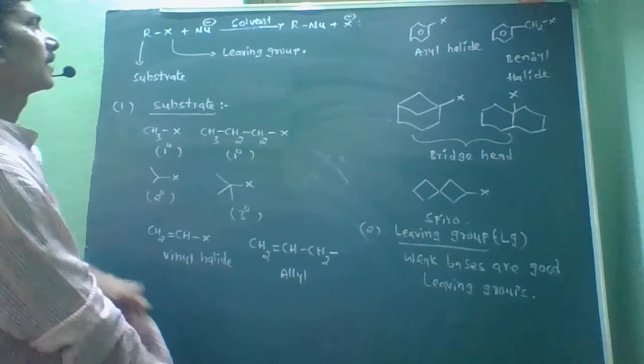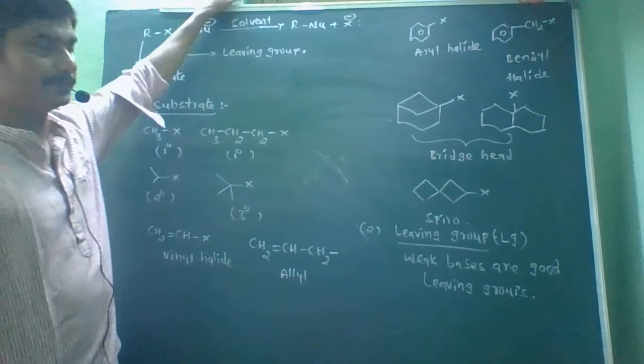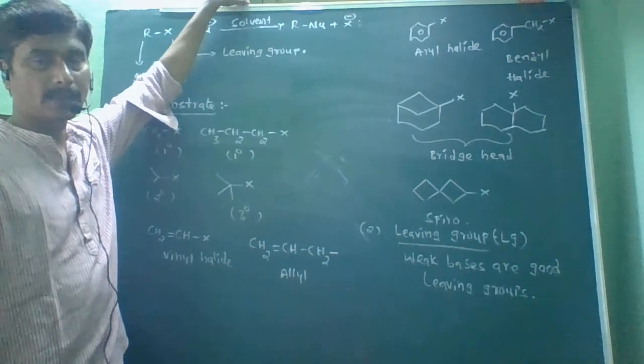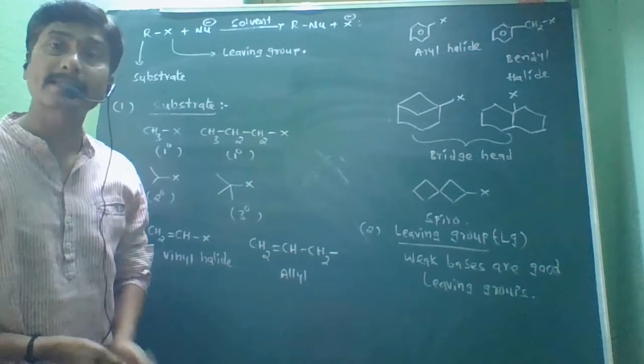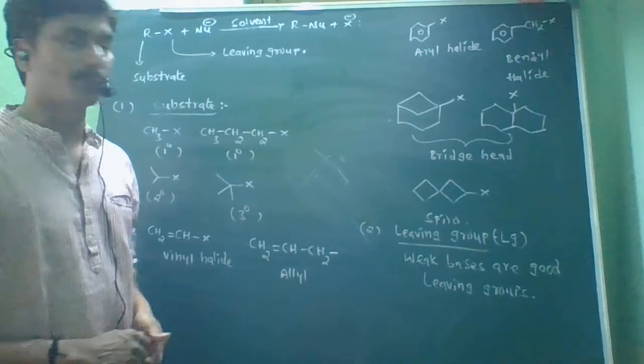So come to these halogen derivatives. All halogens except fluorine are good leaving groups.